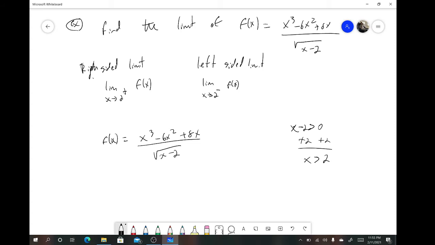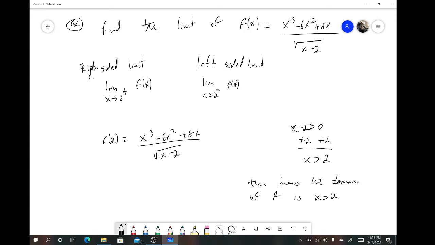And this is true whenever x is bigger than 2, meaning whenever x is to the right of 2. So that means that the domain of f is x has to be bigger than 2. We cannot have any numbers less than 2 or negative, because then we'll be breaking our domain. So now, what does that mean?